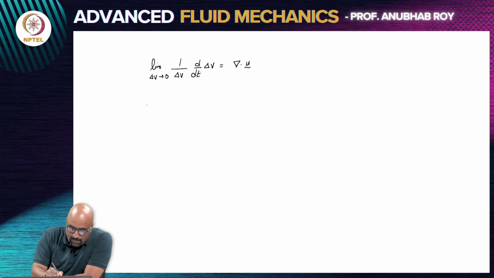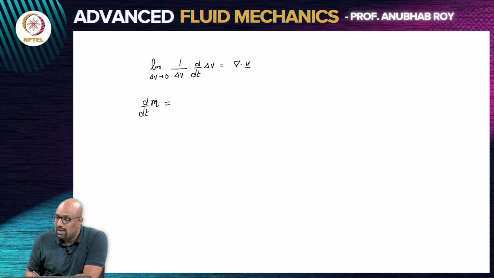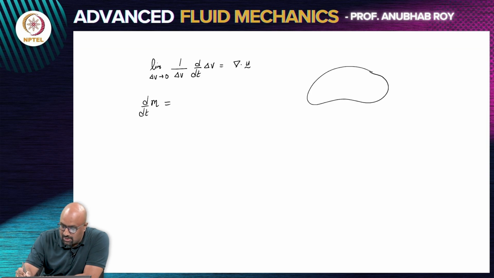So now for a material volume, if I write down the mass, so I considered that particular material volume that I had before. So this is some volume. I will now use delta V to imply that this is an infinitesimally small volume.